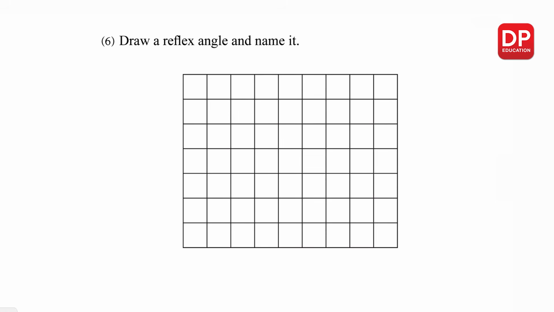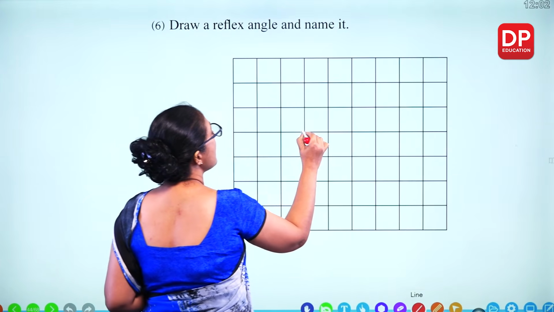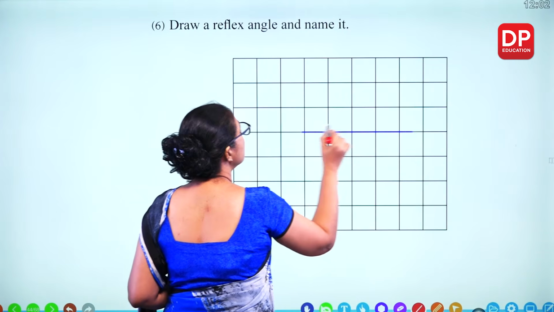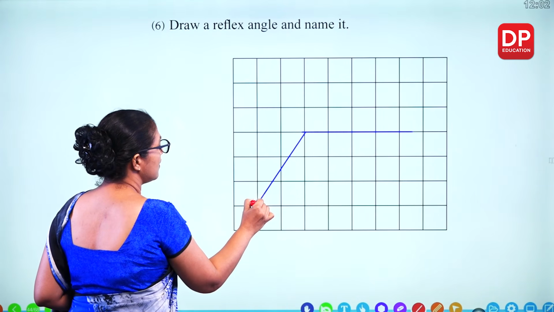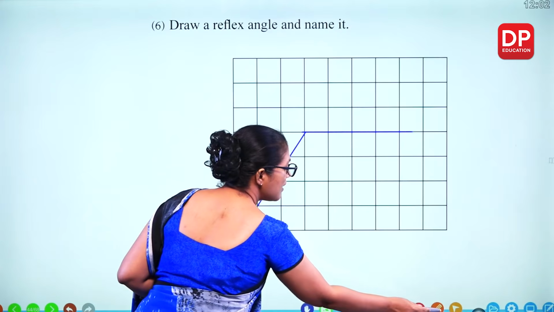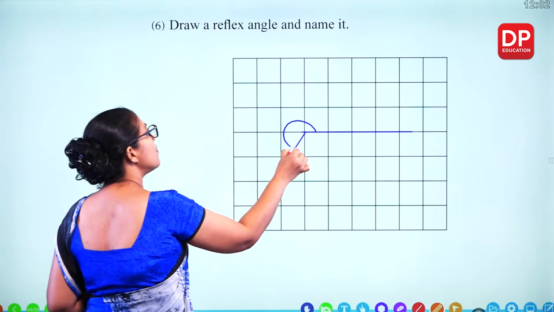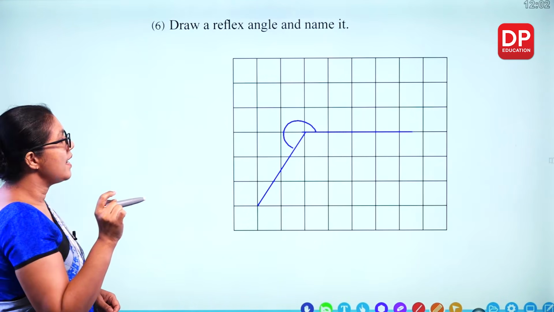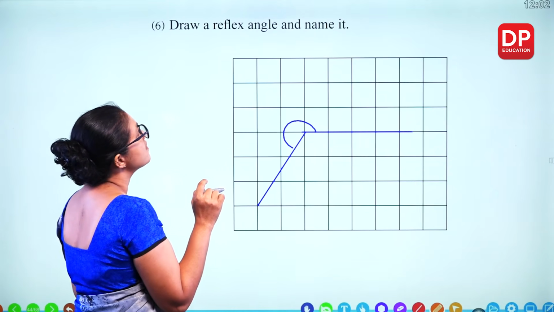Draw a reflex angle and name it. So you can draw a reflex angle like this, and here this angle is more than 180. So that's the reflex.